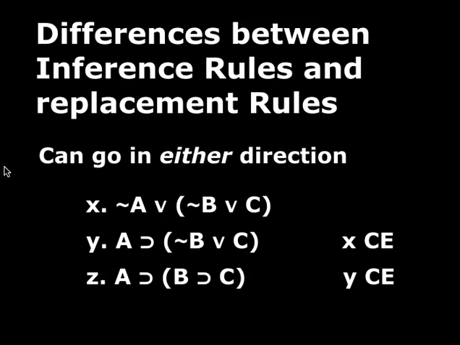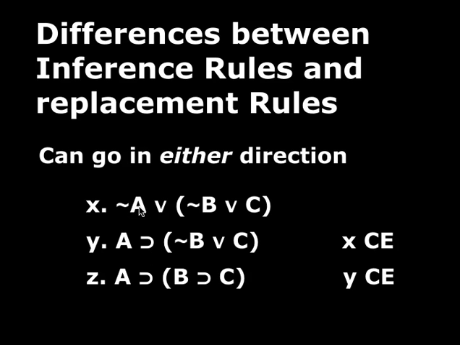You can go the other way. I can turn wedges into horseshoes, right? So I could, line x, y, z, x is a disjunction whose second disjunct is itself a disjunction. I can apply conditional exchange to x to turn this wedge into a horseshoe, this disjunction into a conditional.